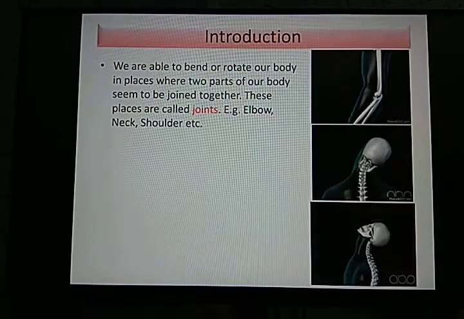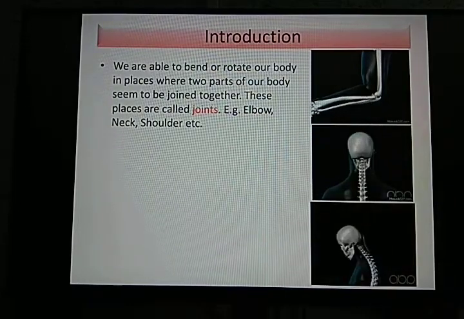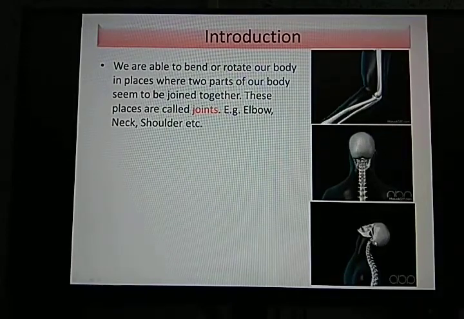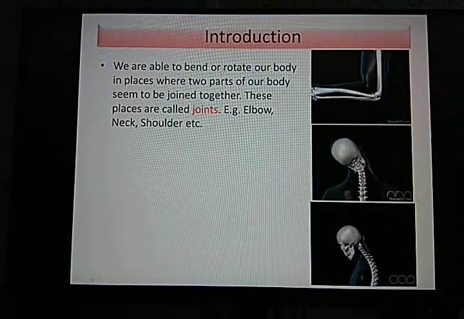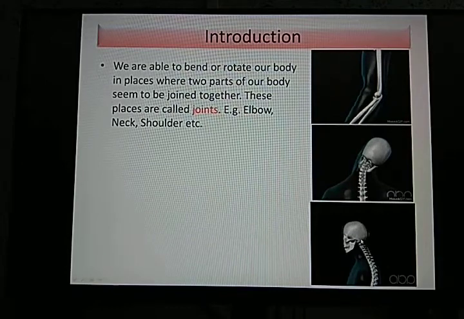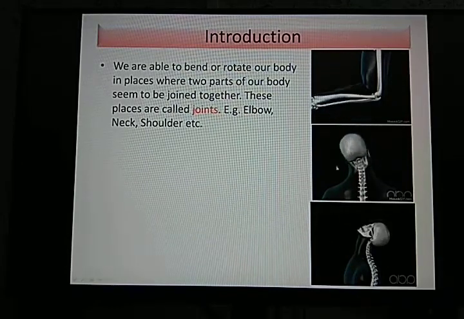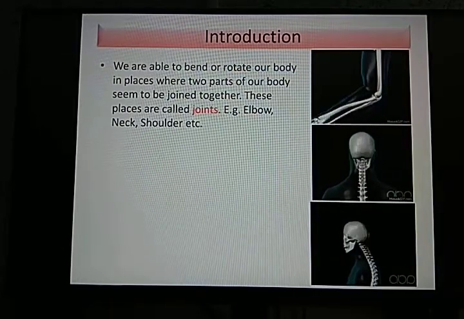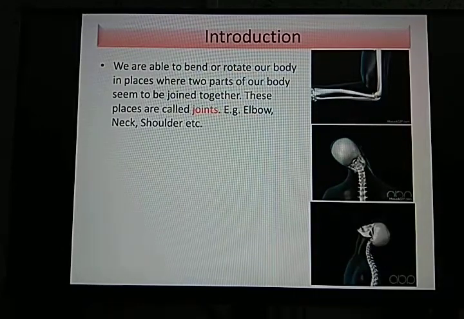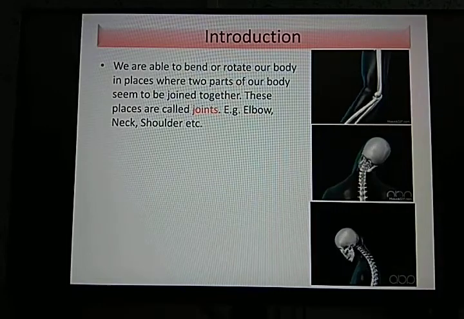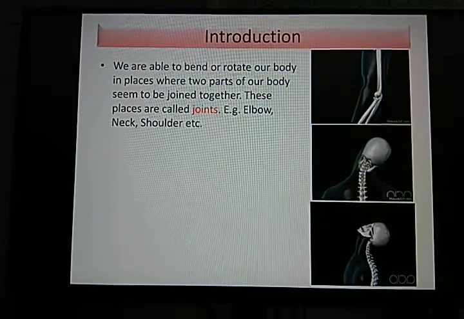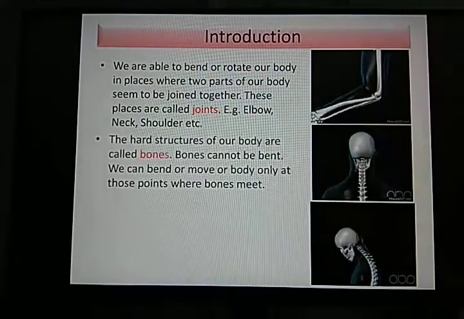Next, we can move front and back as well due to that same joint between our skull and the spinal cord. Clear? So these are the different kinds of joints that we'll be discussing further in this video, and how these joints are really helpful for body movements. Clear?